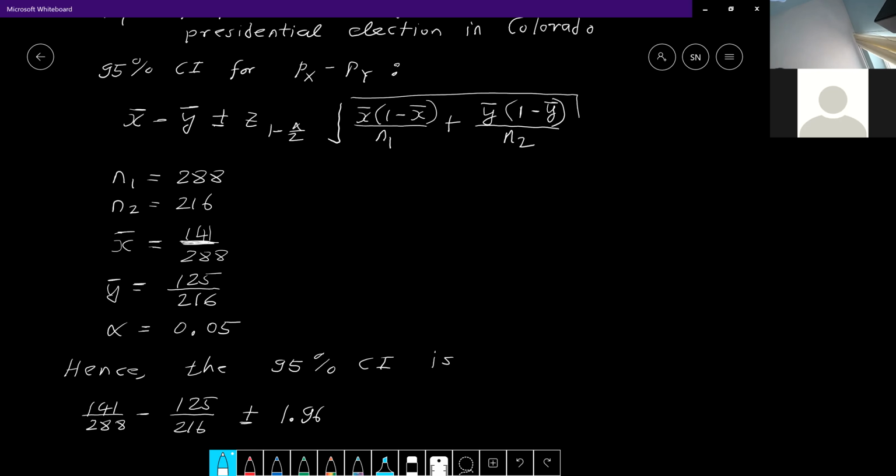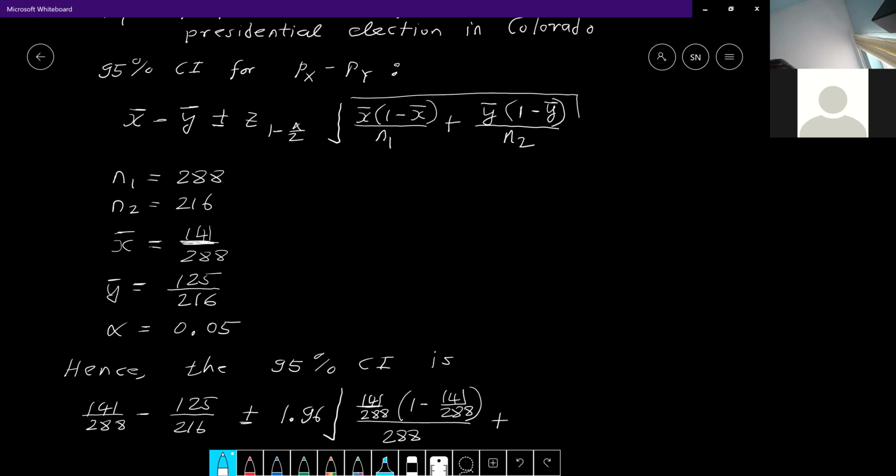Then the square root: x bar is 141 divided by 288, times one minus that, divided by 288.